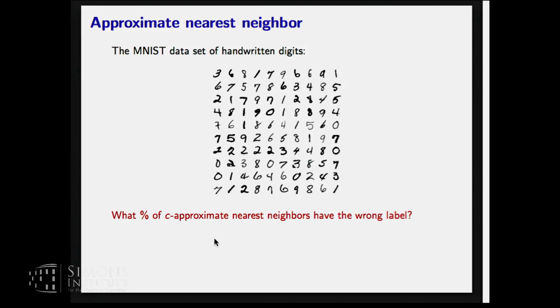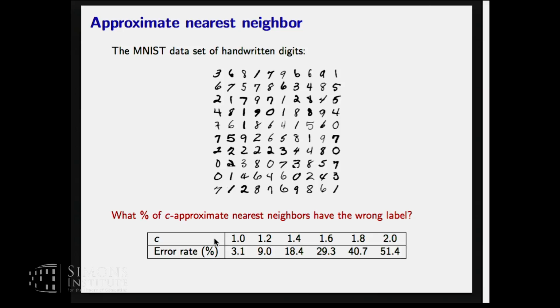This is considered an easy data set, 60,000 images of handwritten digits. How does nearest neighbor work on this? Let's look at c equals 1, which is the actual nearest neighbor, and that has an error rate of 3%. What if we look at 1.2-approximate nearest neighbors and pick one at random? There are lots of them, pick one at random. The error rate goes up to 9%. And once you get to 2-approximate nearest neighbors, pick one at random, the error rate goes up to 51%.